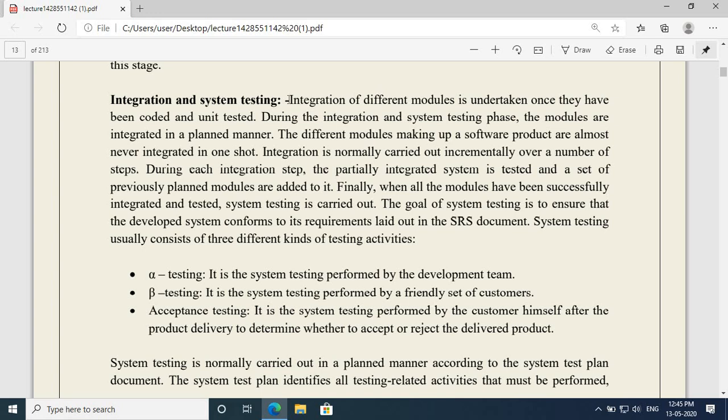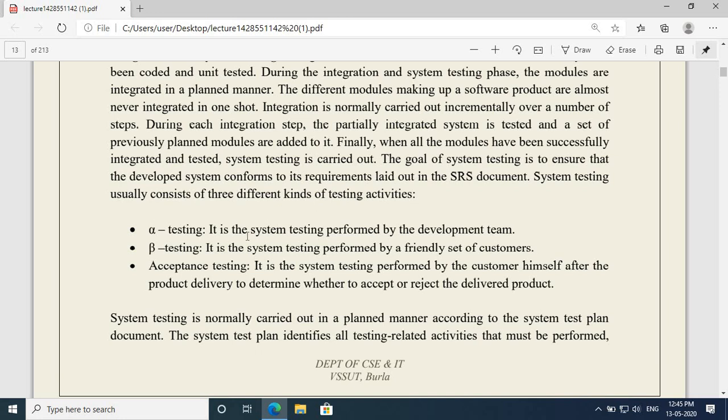Next, system testing is divided into three types: alpha testing, beta testing and acceptance testing. Alpha testing is the system testing performed by the development team. Whenever we develop the product, that product may be tested by the development team, and that is known as alpha testing.